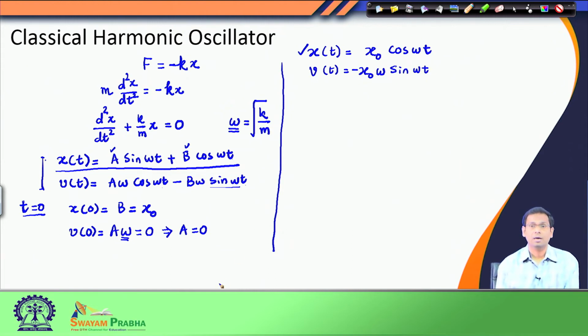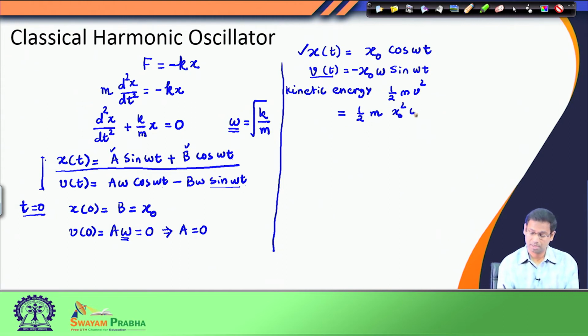Now, we will discuss the value of the kinetic energy. Since we already know the velocity or speed, kinetic energy is half m v square. So, if I know v, I would simply use x 0 square omega square sin square omega t.